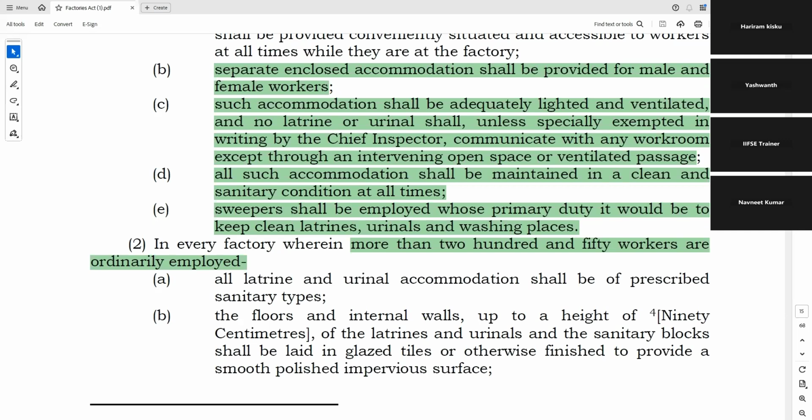So if more than 250 workers are ordinarily employed, the toilets have to have side walls with tiles or any smooth surface which is impervious, meaning it should not absorb water. Okay, the requirement is 250 and more.